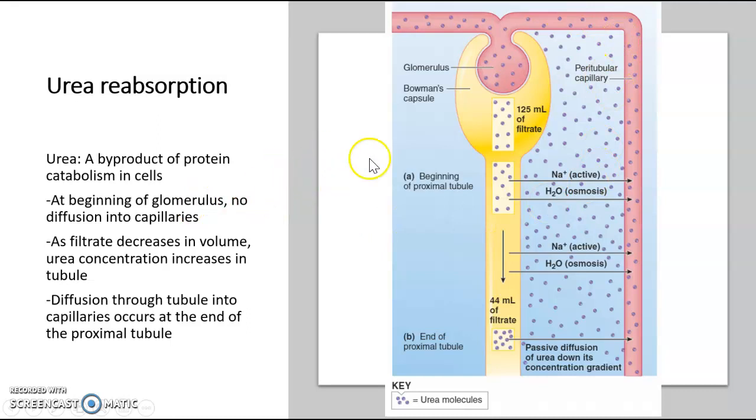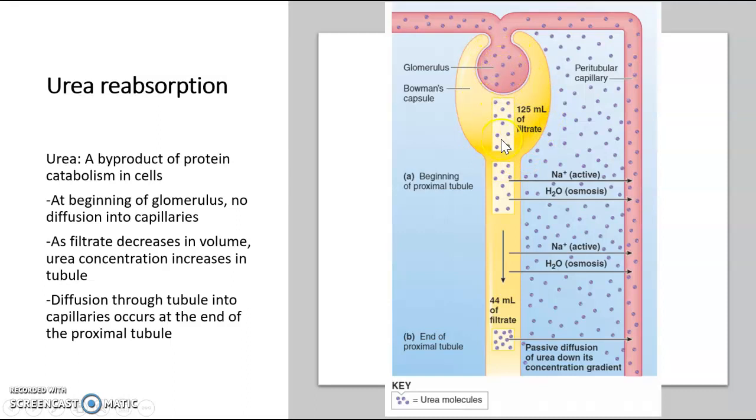There's a couple of things that urea helps with, which I'll show on the next slide. But what I want to show is that urea is a bigger molecule, so urea won't move across these channels as easily as water and even sodium. Up here we have 125 milliliters of filtrate, and as you can see, the urea concentration is moderate.